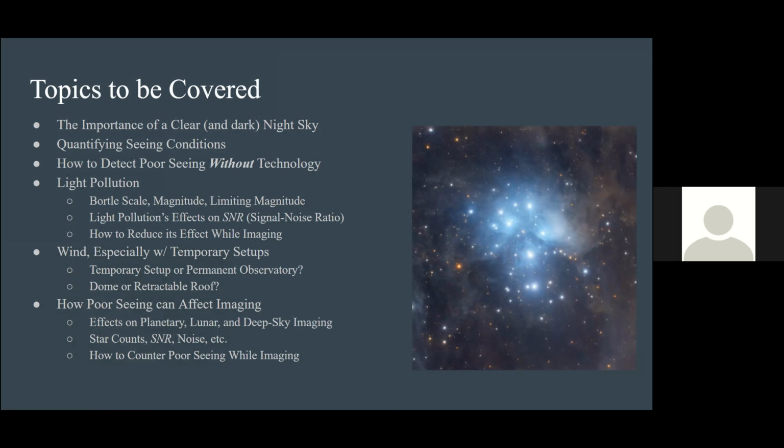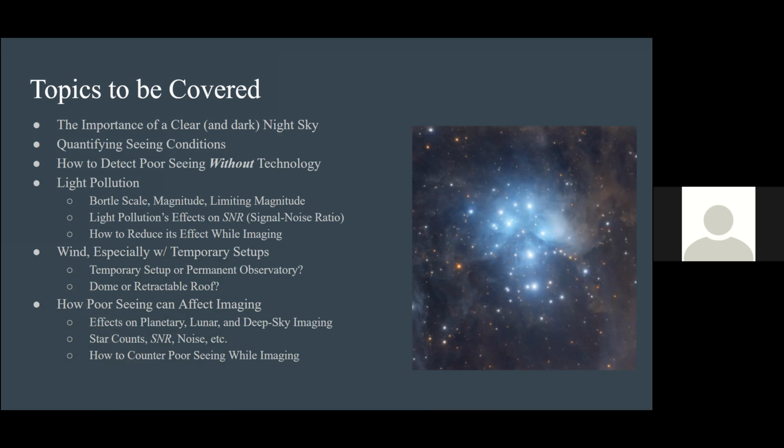We'll talk about the Bortle scale, magnitude, also limiting magnitude. We'll talk about light pollution's effects on signal to noise ratio. Obviously, the more light pollution you have, the lower the signal to noise ratio is, or the less signal you have. And then also how to reduce its effect while imaging. We'll also talk about wind and temporary setups and all that.